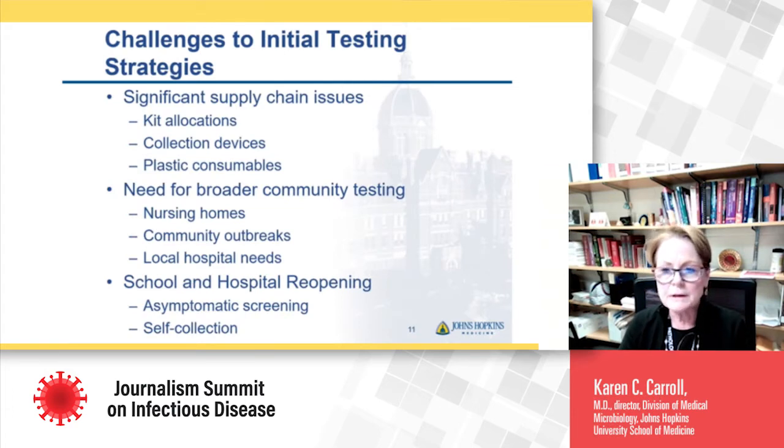So we did have significant challenges to initial testing. There were significant supply chain issues, and in fact, supply chain issues continue to be a problem. Many of the manufacturers put all of their labs on allocations. Labs, once they used up all of their kit allocations, would have to then use some other method.